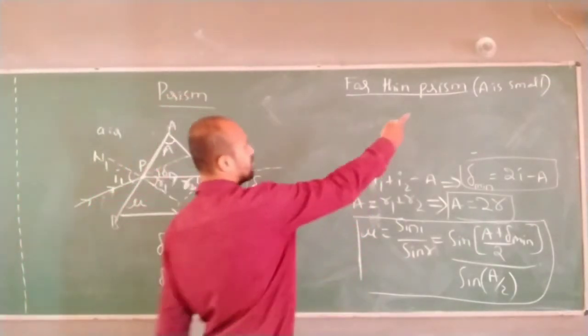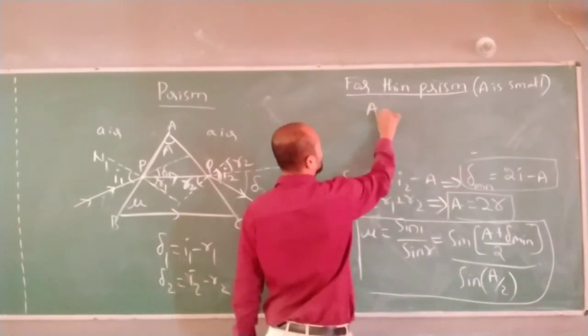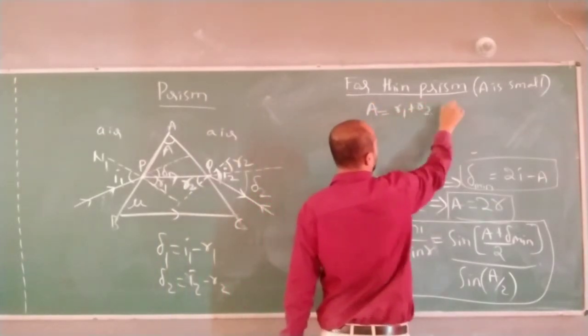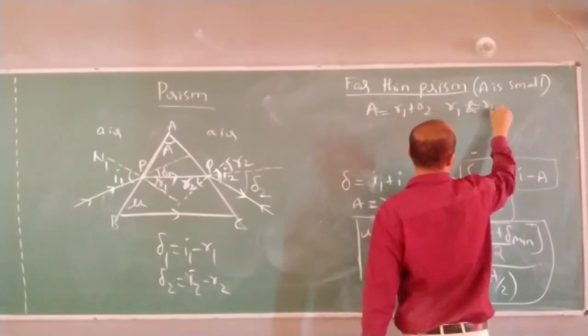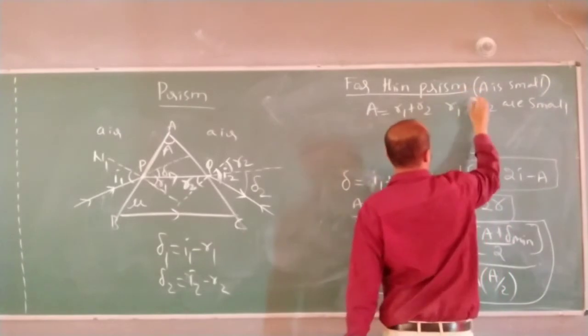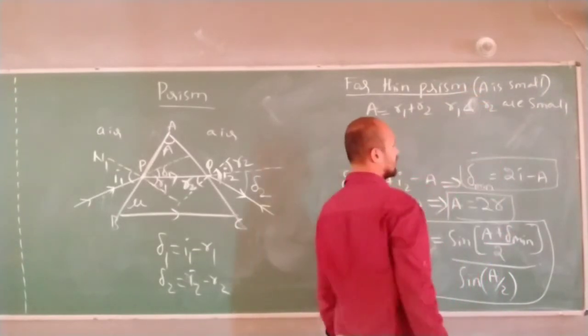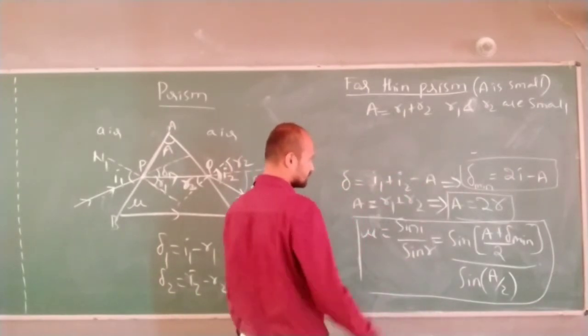For a thin prism, A is small. When A is small, A is given by R1 plus R2, so R1 and R2 are small. When R1 and R2 are small, I1 and I2 are small.